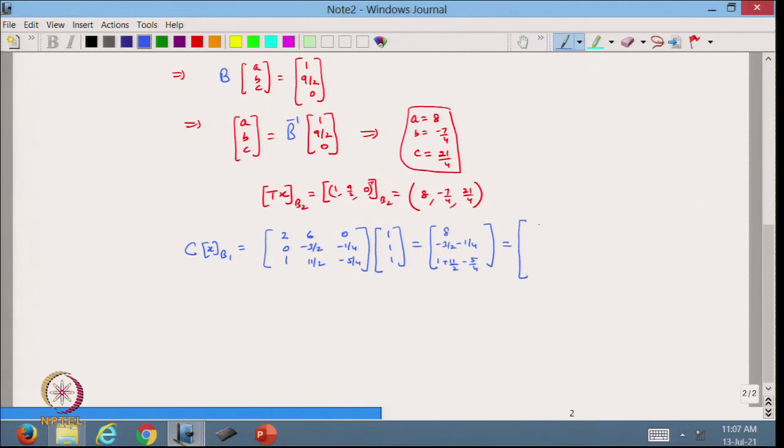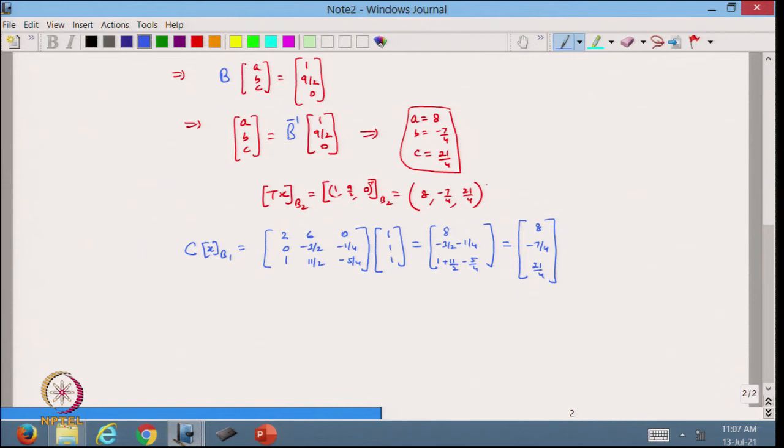So, if I calculate this, it is 8, minus 3 by 2, so minus 6 by 4. So, minus 6 and minus 1 is minus 7, so minus 7 by 4, and this is 11 plus 2, 13 by 2. So, 26 by 4 minus 5, so it will be 21 by 4.